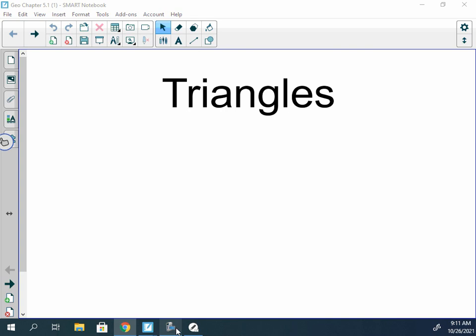It is a solid structure for supporting weight. The main structure of a suspension bridge is a triangle. Triangles are incredibly useful and helpful in a lot of different ways, so they will be coming up again and again throughout the rest of the year.